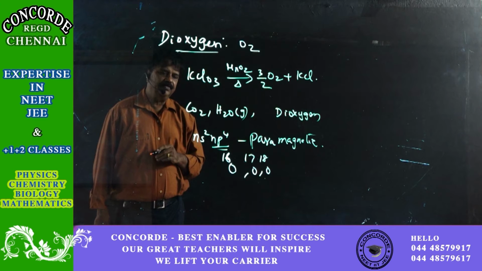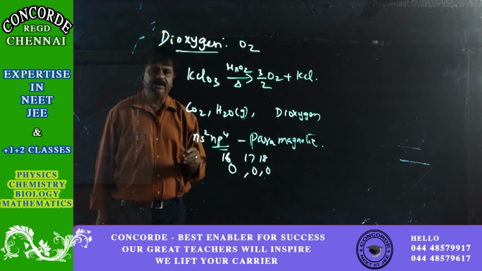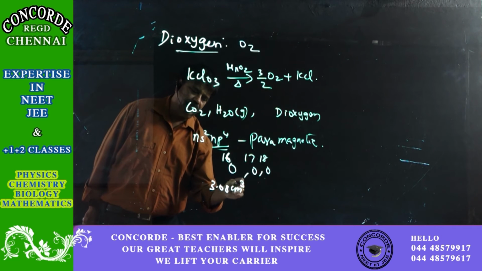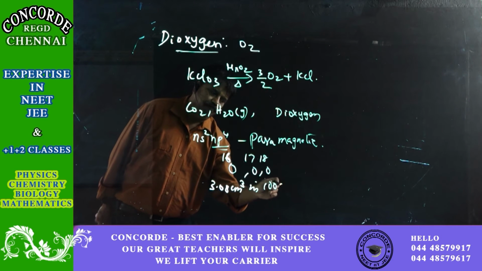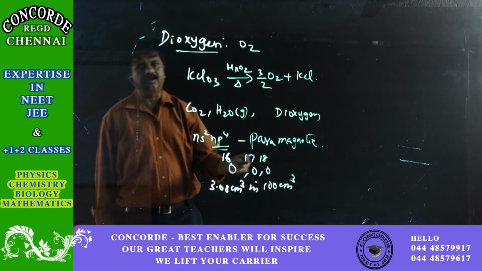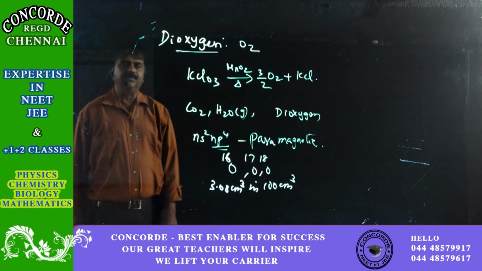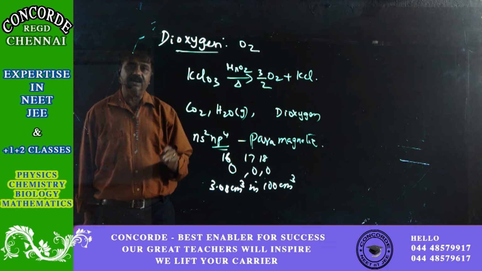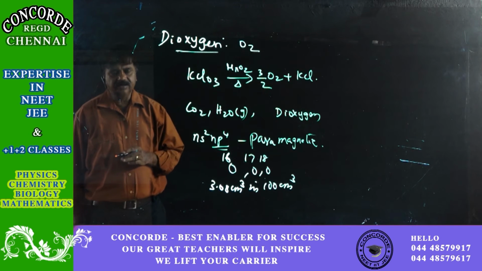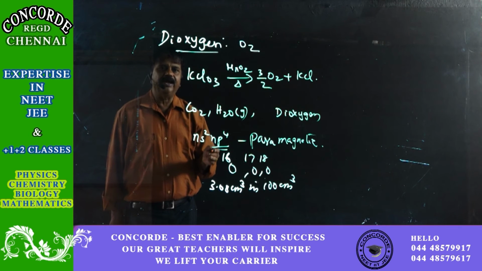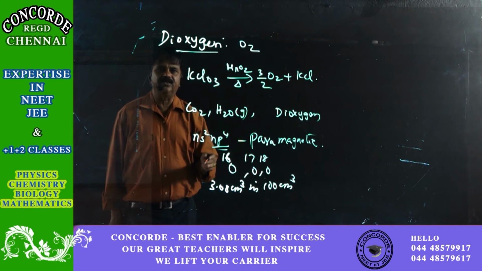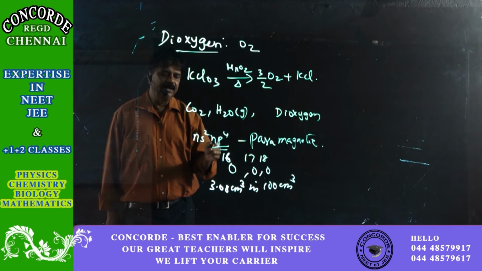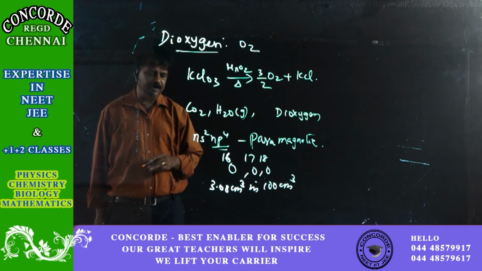It is also soluble in water to the extent of 3.08 cm³ in 100 cm³. That is, in 100 cm³ of water, 3.08 cm³ of oxygen is dissolved. This quantity is essential and sufficient for the respiration of all aquatic living beings, because fishes and other sea aquatic life also require oxygen for respiration.